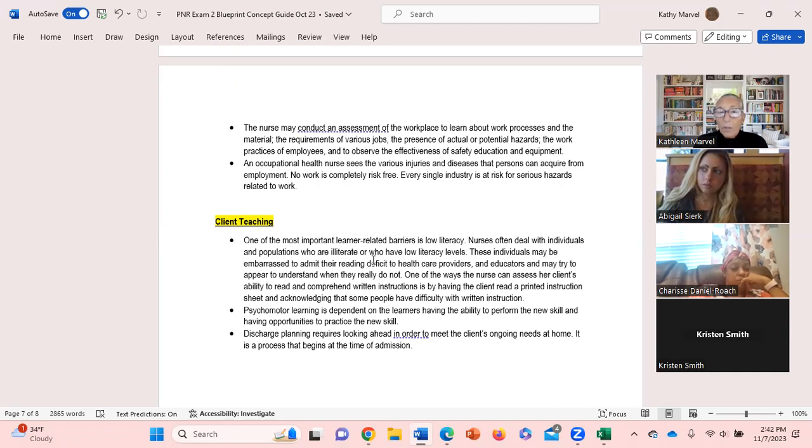She needs to know about various jobs: job descriptions, potential hazards within the job site, work practices of employees, and the effectiveness of safety education and equipment. The occupational nurse's job is to keep the workplace safe and healthy, keep people at work, and minimize injuries. No workplace is risk-free.